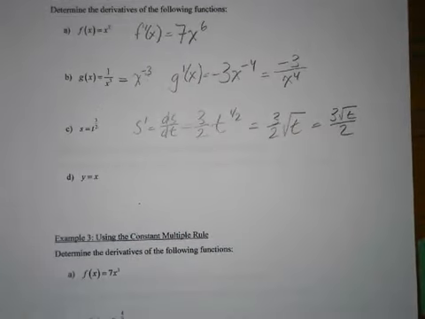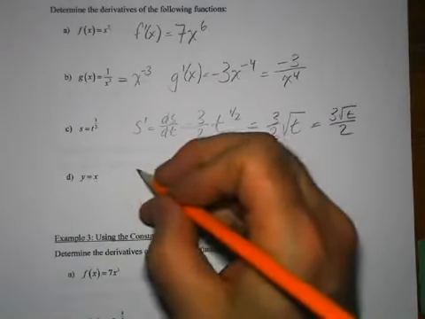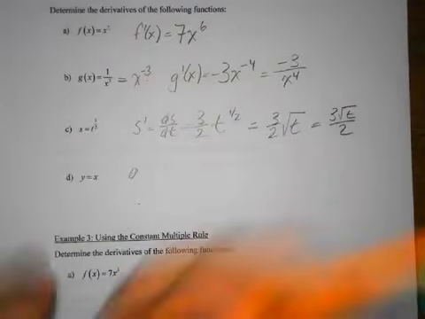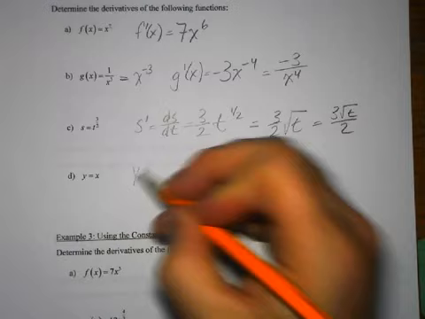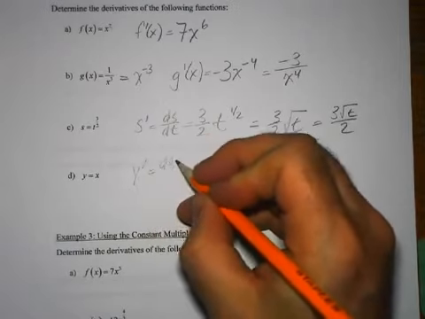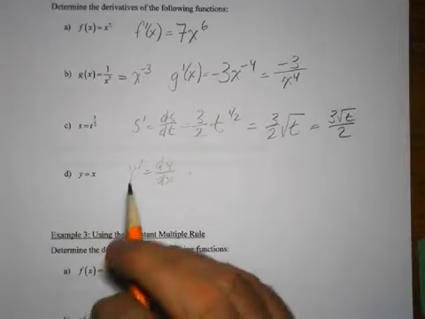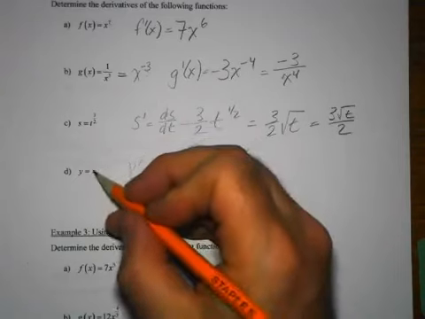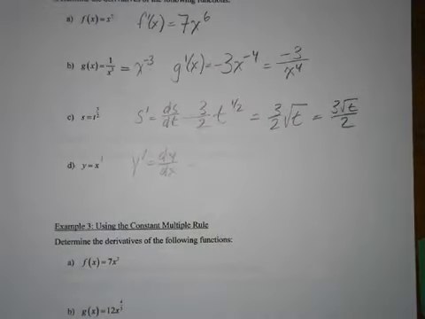Okay, what if you had something simple like just y equals x? So you could say y prime, since it's just a variable, not a function notation, y prime, or you could say dy by dx. Okay, so if you think about it, that exponent there is really a 1, even though it's not shown.